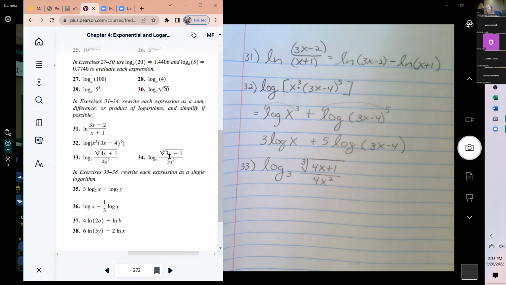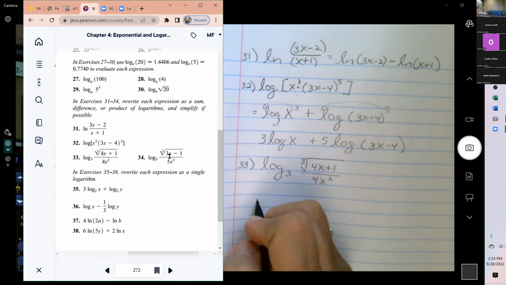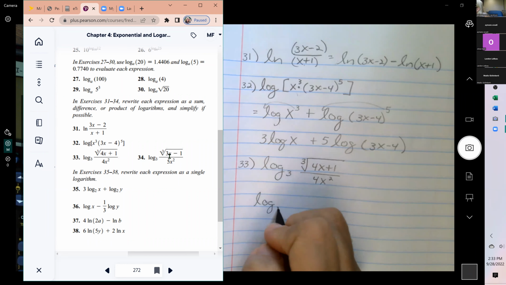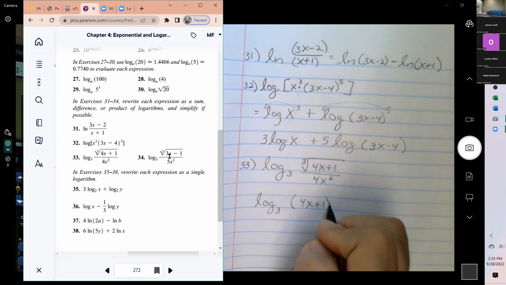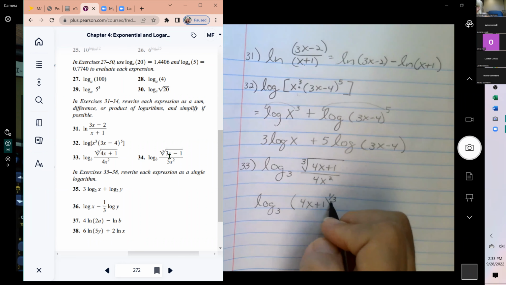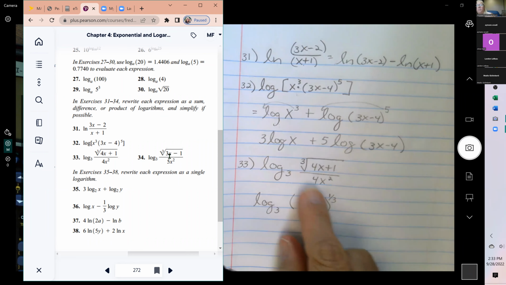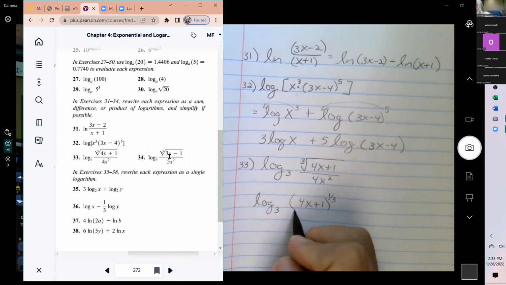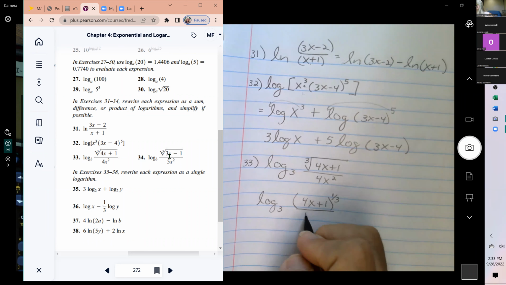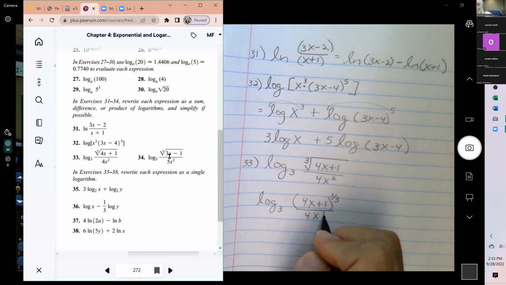So a cubed root could be written to the 1/3 power. 4x plus 1 to the 1/3. So remember, a radical is a fractional exponent, over 4x squared.